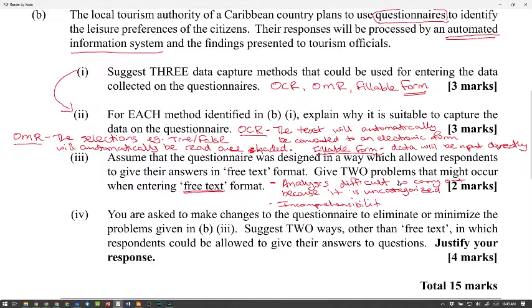So incomprehensibility would be basically that they can't understand it. It can't be understood. The analysis is difficult because it is uncategorized as one key there, and incomprehensible is another key. So we could say that the answers were not specific or not targeted.